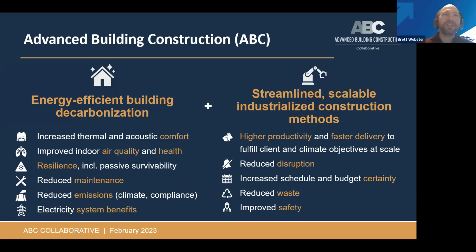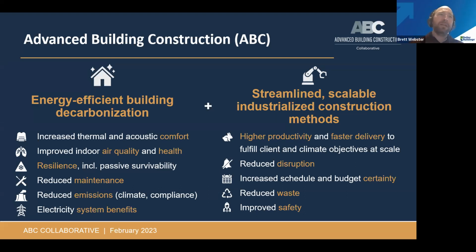So it's sort of fortuitous that the title of this webinar is the ABCs of multifamily electrification. And in addition to the important considerations that Wes just laid out, we'd also like to think that ABC might stand for advanced building construction. Advanced building construction is an initiative at the Department of Energy.